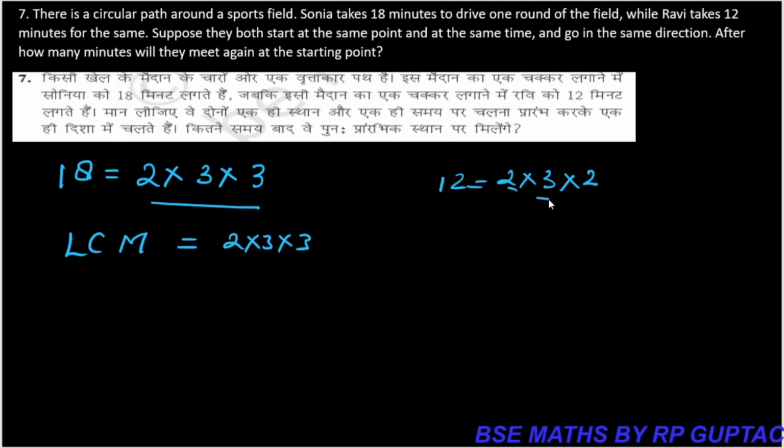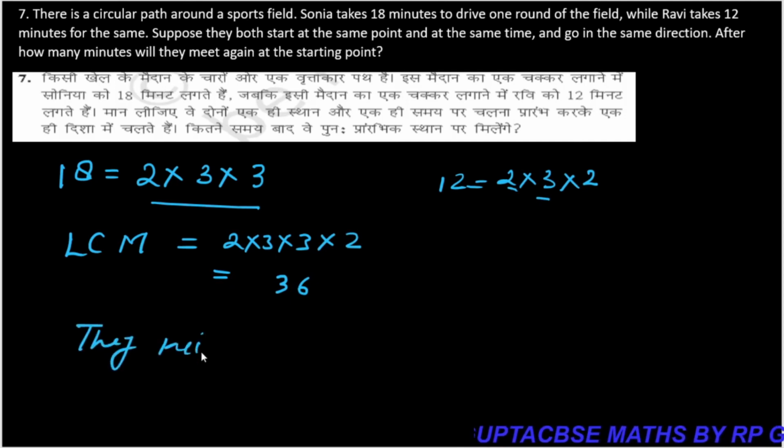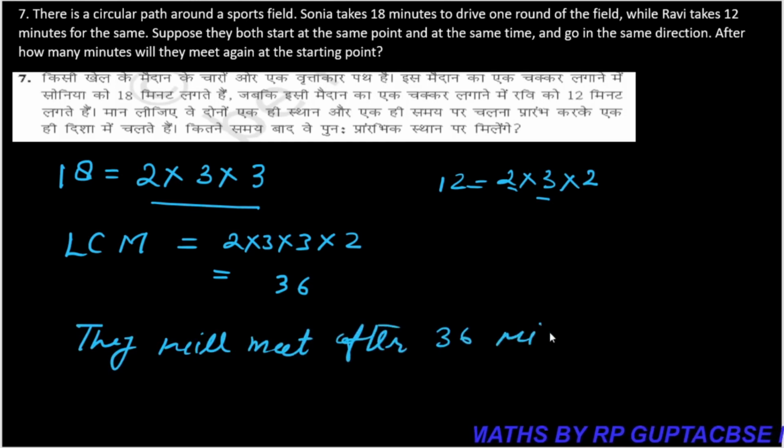We have taken 2, 3, and another 2. So 2 3s are 6, 6 3s are 18, 18 2s are 36. So they will meet after 36 minutes.